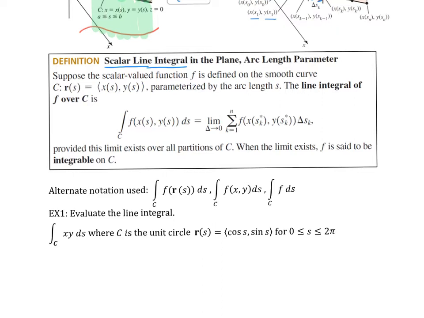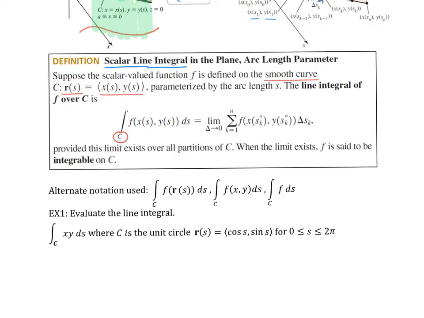However, the curve that we're integrating on, and here in our integral, we'll use C for curve. So we have this nice smooth curve that we'll call R of S because it's being written in terms of arc length. That can be a vector function.